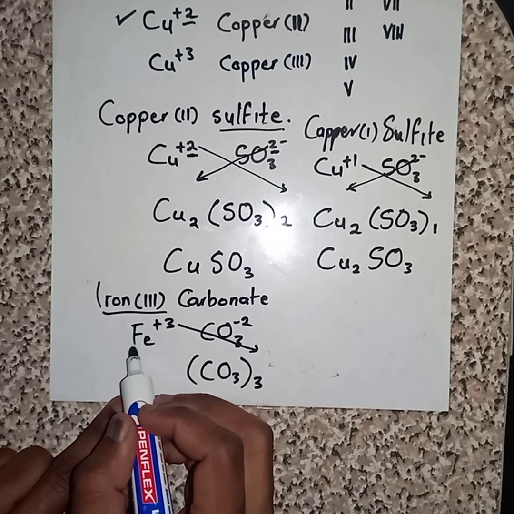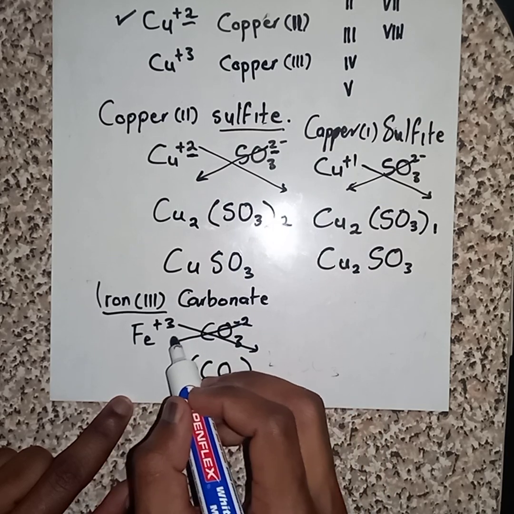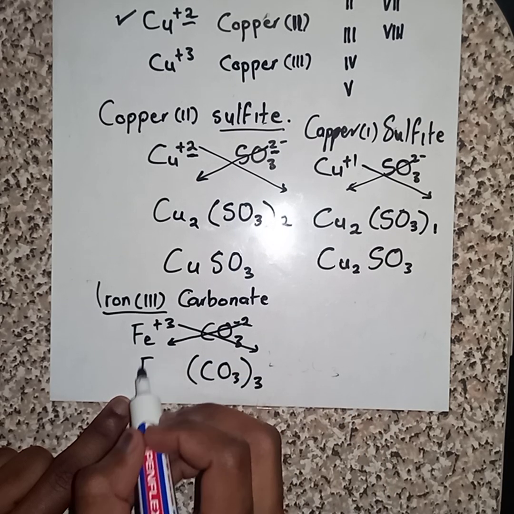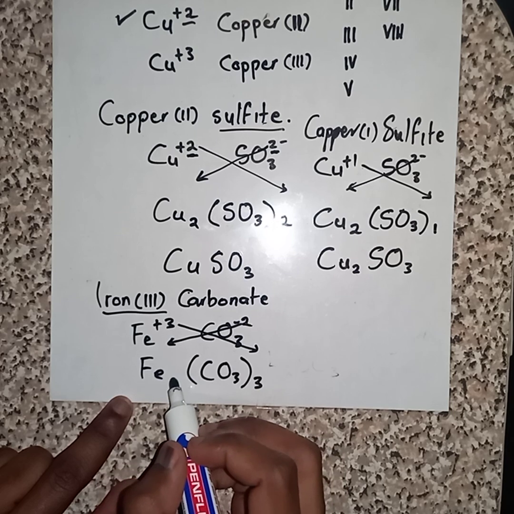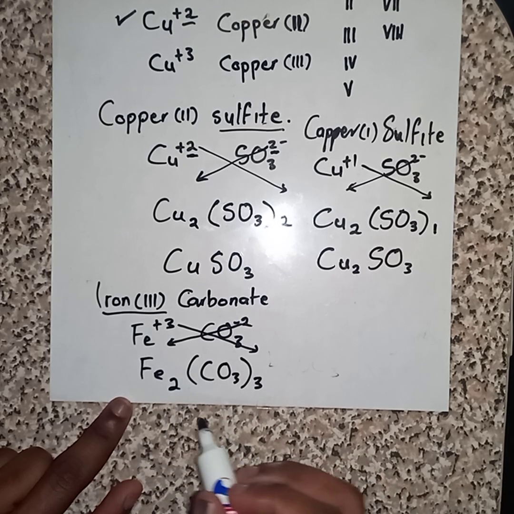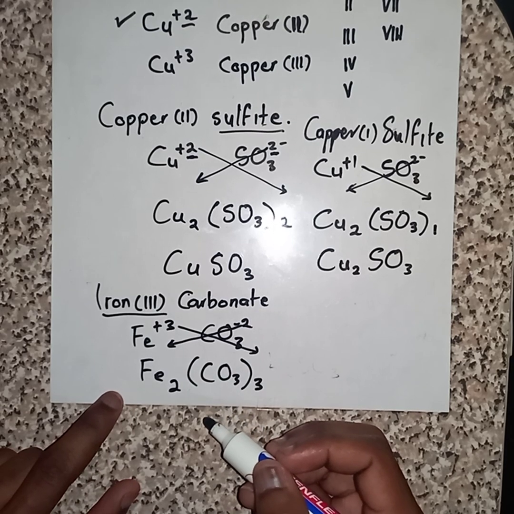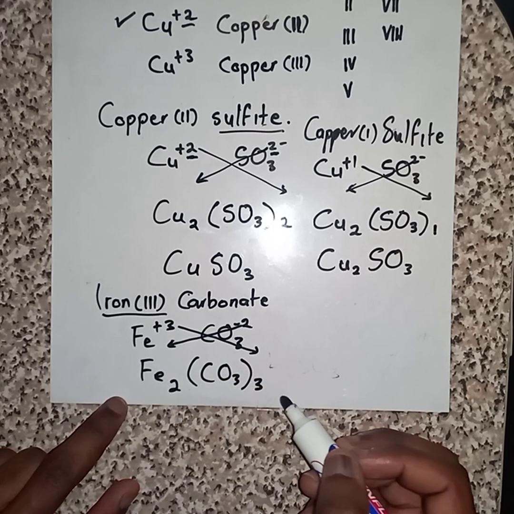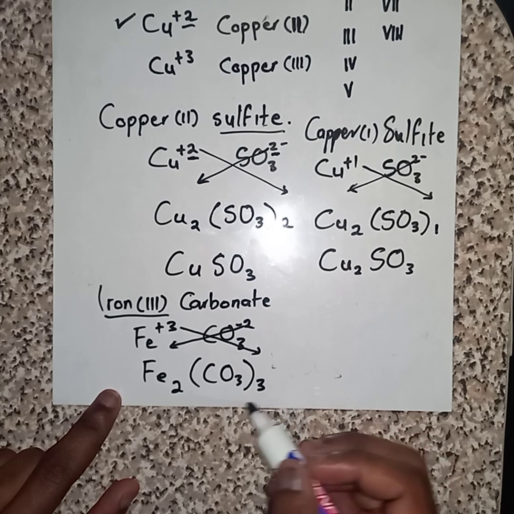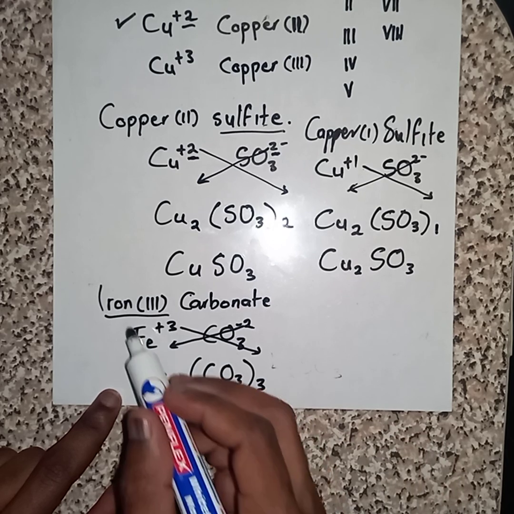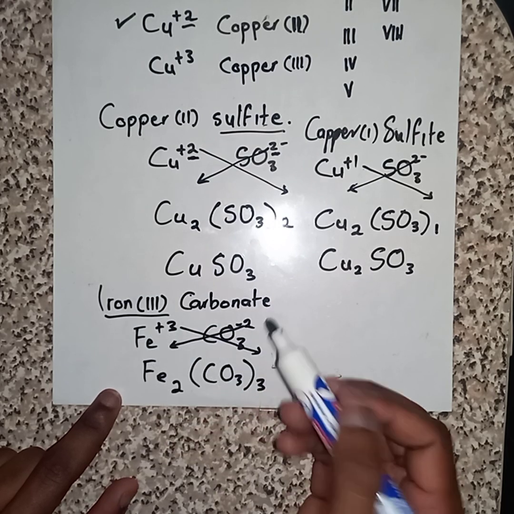Then just next to Fe, you are going to write 2. Then it's going to be Fe2. You see? Then this one is going to be our chemical formula for iron 3 carbonate.